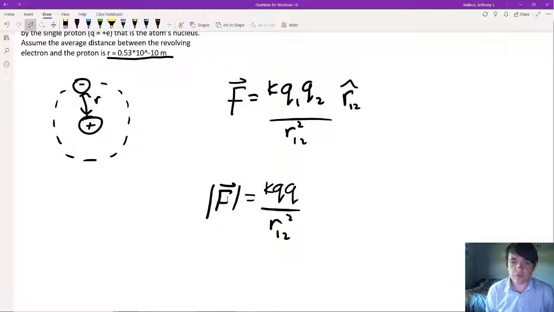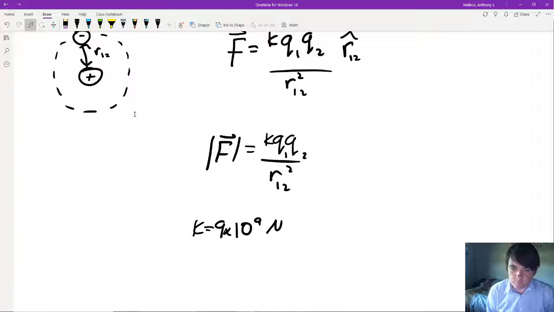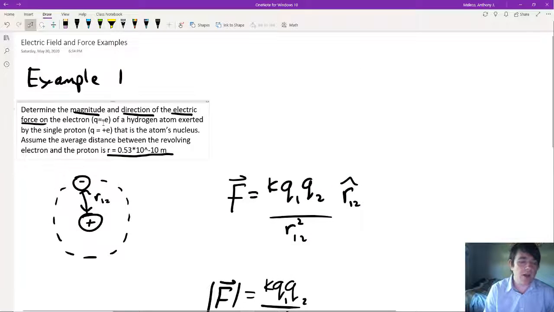And so we can just reduce our formula to this, k Q1 Q2 over r12 squared. All we need to do to figure out the magnitude is just start plugging stuff in. k, if you remember, was equal to 9 times 10 to the 9th newton meter squared over coulomb squared. Q1, we can treat either one of these as 1 and 2, it doesn't matter. Let's just make Q1 the electron.